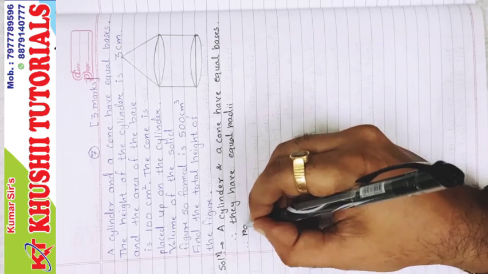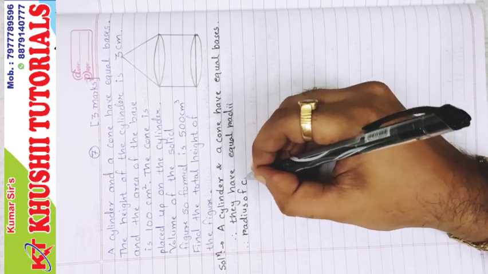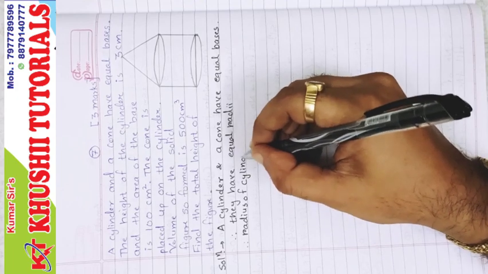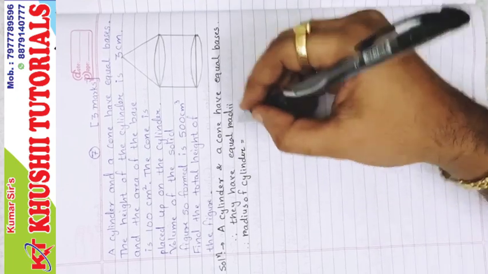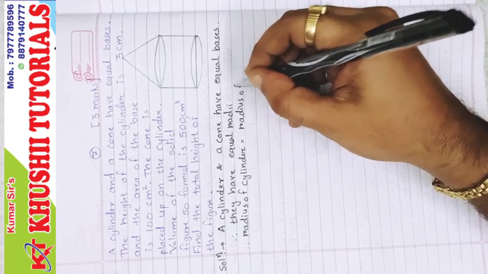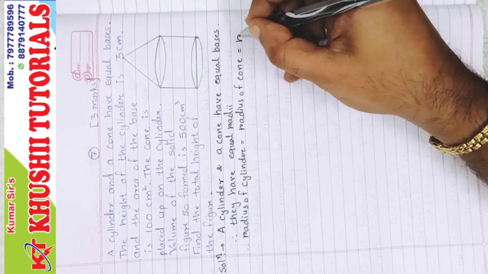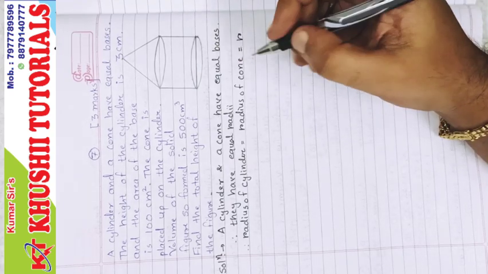Therefore, radius of cylinder equal to radius of cone equal to, we will assume to be r, because radius is not given.